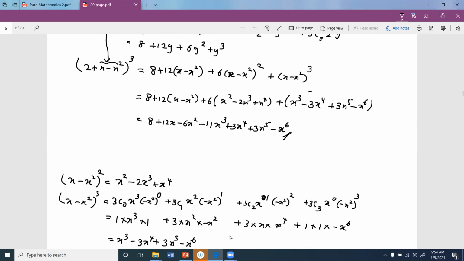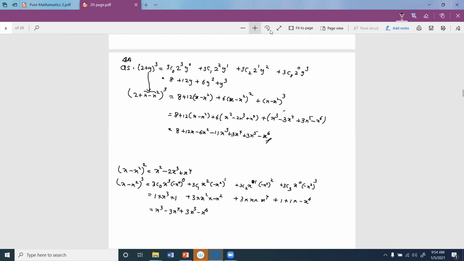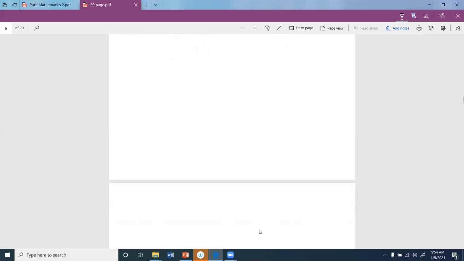This is the final answer, and that's a way of obtaining this kind of question. If I make it a little bit smaller, you can see the whole question at once. Right, now let's move to other extensions of these questions.